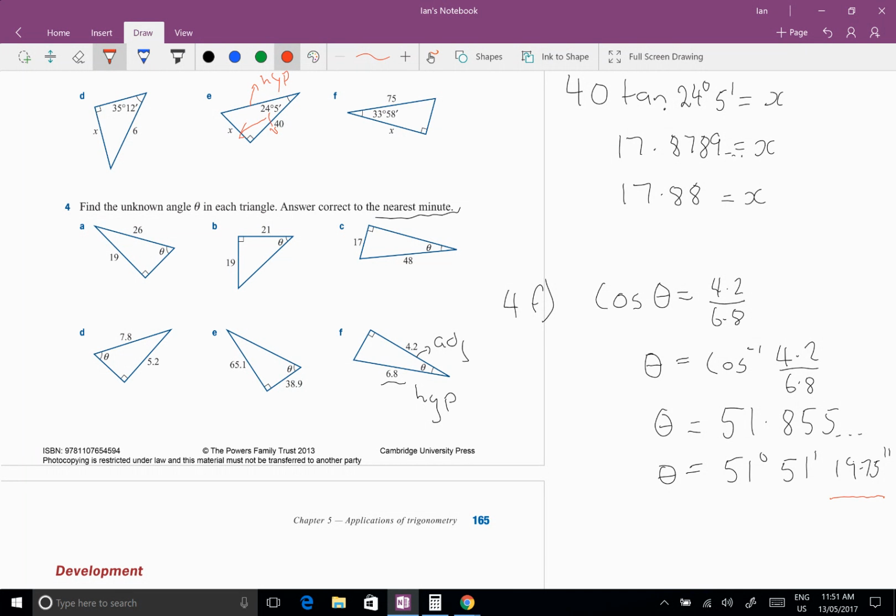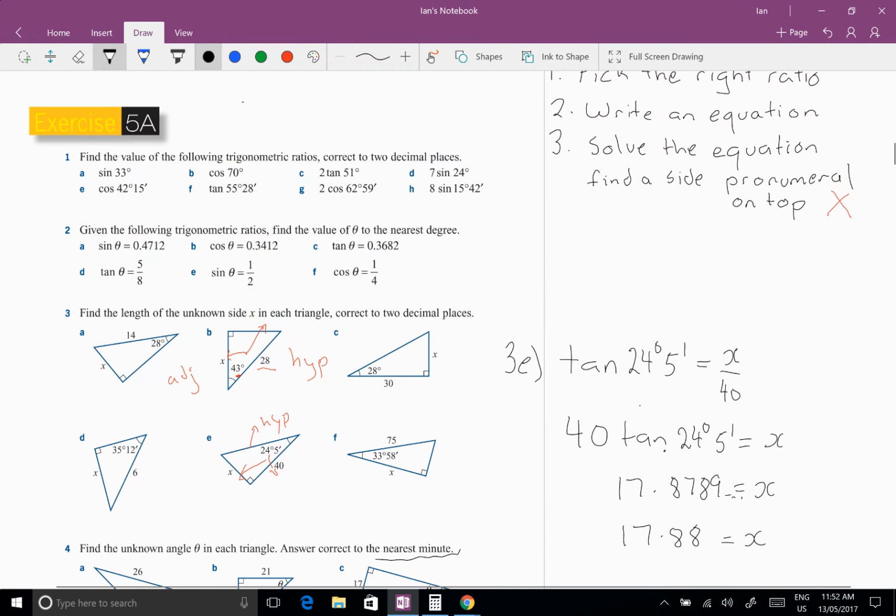Because I'm dealing with minutes and degrees, my halfway point is 30. So if that bit is 30 or more, I will round up. It's not 30 or more, so I'll leave it as 51 degrees and 51 minutes. And if I look at 4F, that's correct.